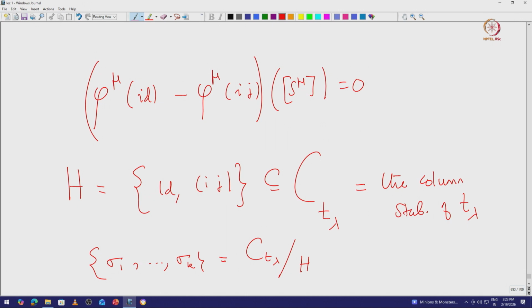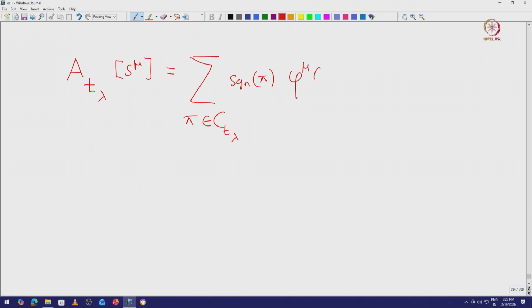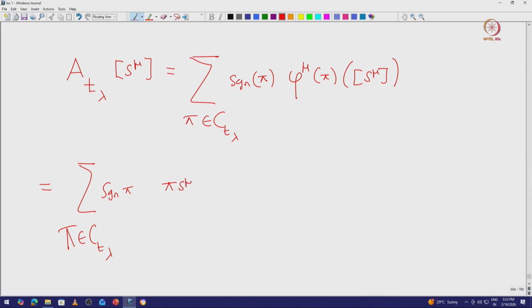Once we fix this, we can do the following computation. We take A T lambda and apply it on S mu. By definition this is the summation over pi in C T lambda of sign of pi times phi mu of pi applied on S mu, which is exactly the summation over pi in C T lambda of sign of pi times pi S mu.